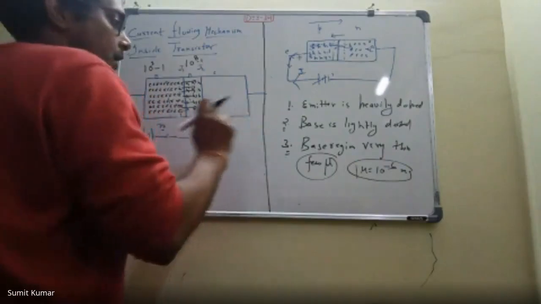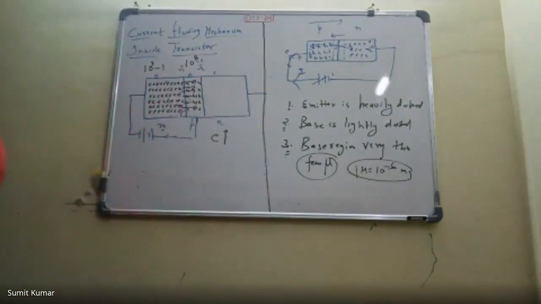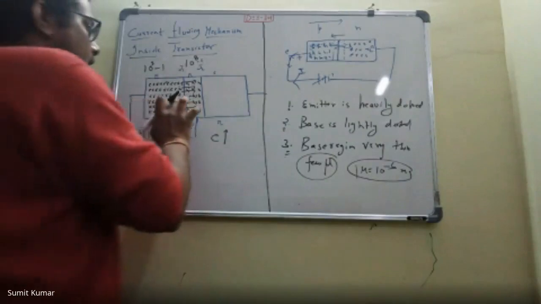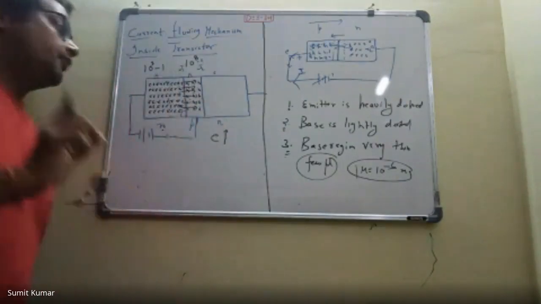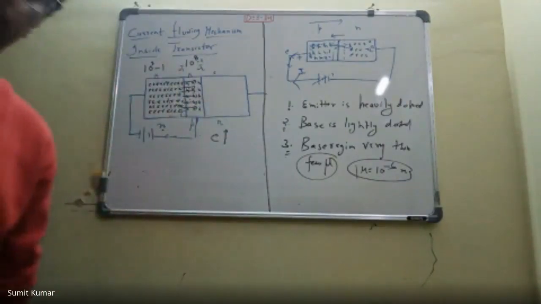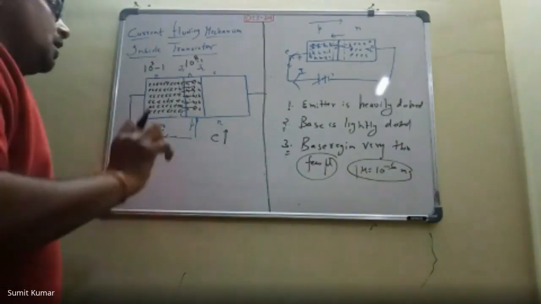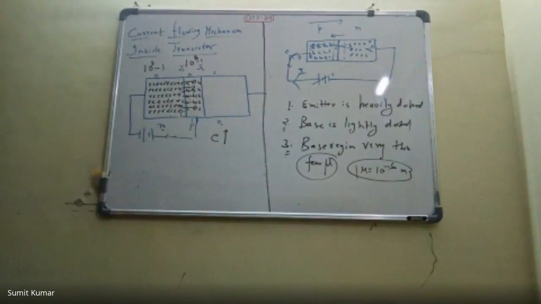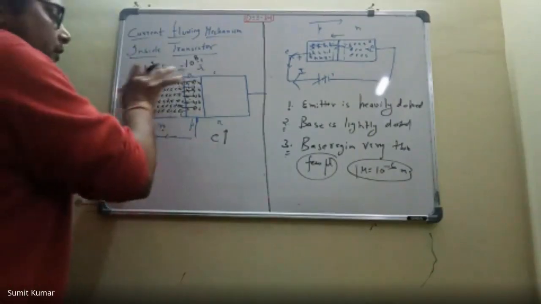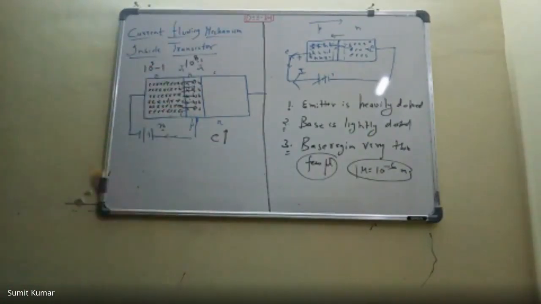And the third thing is that this base region is very thin. This is the most important thing. What will happen here? We know that for recombination, the electrons coming from the emitter side require a certain time.